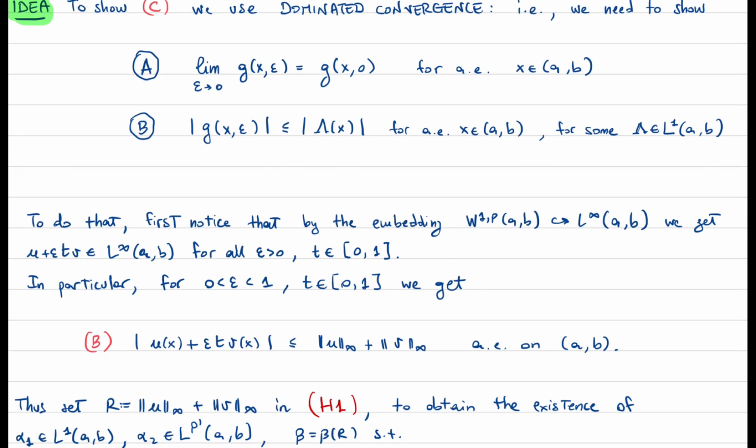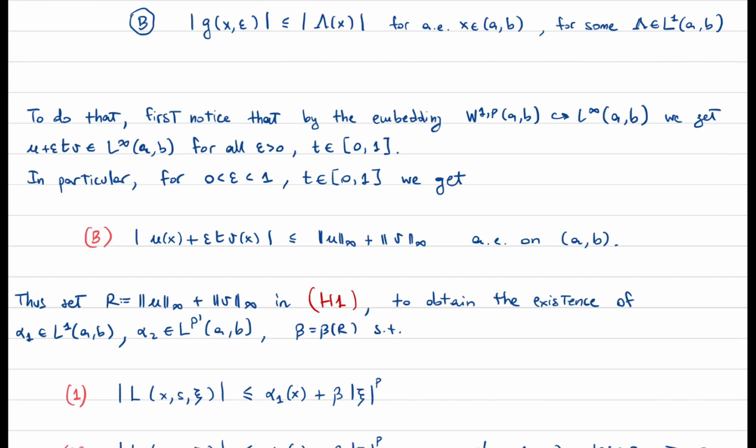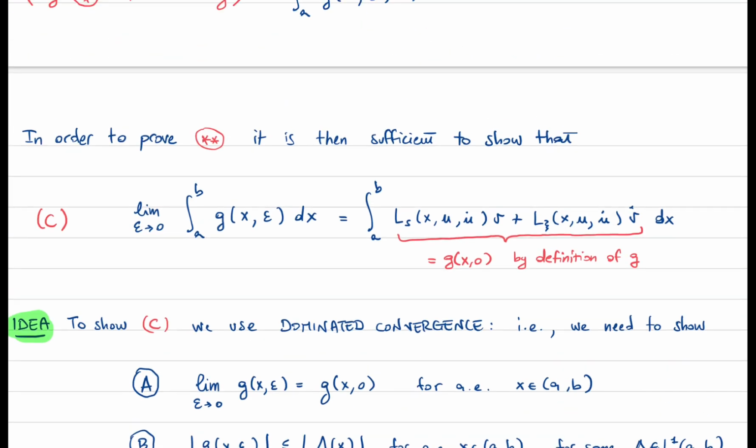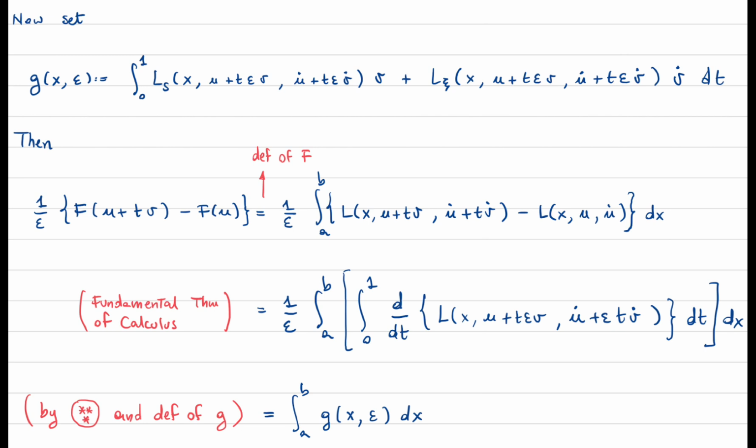To do that, we first notice that, okay, what's the idea? Obviously, we want to use H1 in this case, and so we need to be sure, like before, that the argument here, because g of x, epsilon was this guy, so we need to make sure, of course, that these two are squeezed in a box, because this is the S argument, which needs to be bounded for our assumptions.